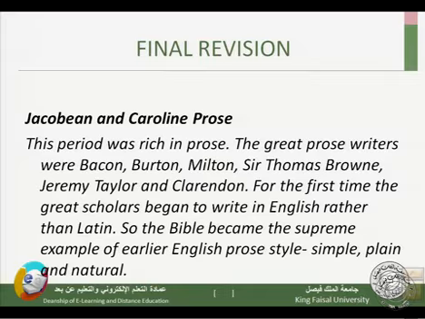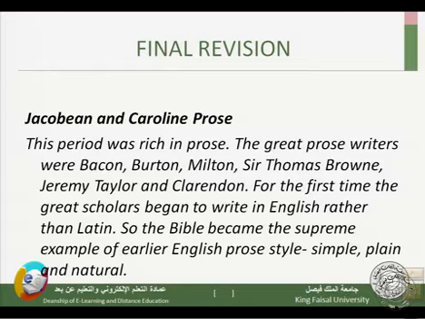Of course, it was richer in prose than in drama and in poetry, as you can see. This period was rich in prose. The great prose writers were Bacon, Puritan, Milton, Sir Thomas Browne, Jeremy Taylor, and Clarendon.